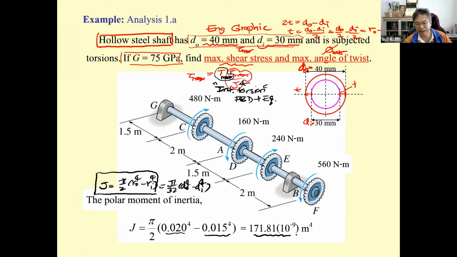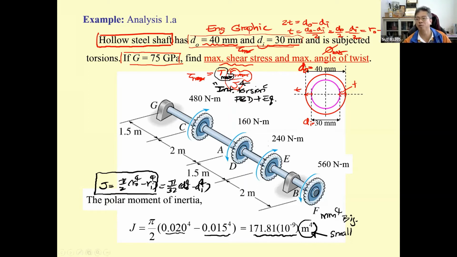When we get the J in meter to the power 4, most of the time in this unit, the magnitude of J is going to be small. Okay, but when it is in millimeter to the power 4, the magnitude of it is going to be big or large. Please take note of this.